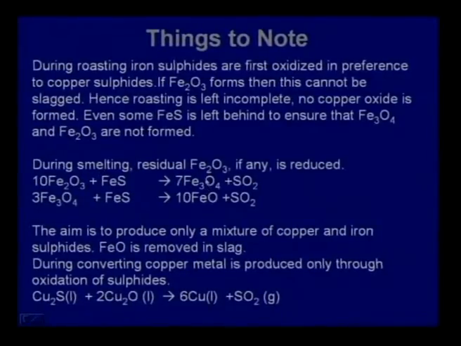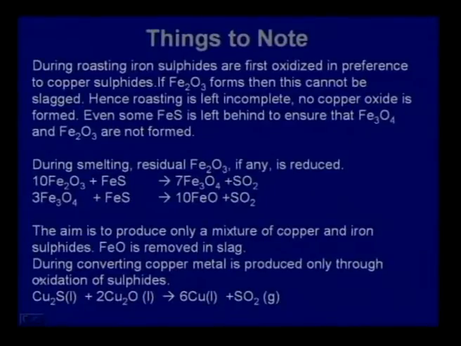In the smelting process, residual FeS will ensure that Fe2O3, Fe3O4 form FeO, that is slagged off. Then we are left with the matte which will go for the converting step, where in a converter oxygen will be blown to oxidize iron sulphide to FeO stage, and it is slagged off. And once copper starts getting oxidized, once it forms Cu2O, these two will react and it will produce copper straight away.